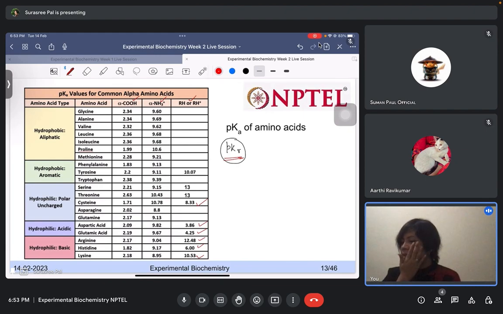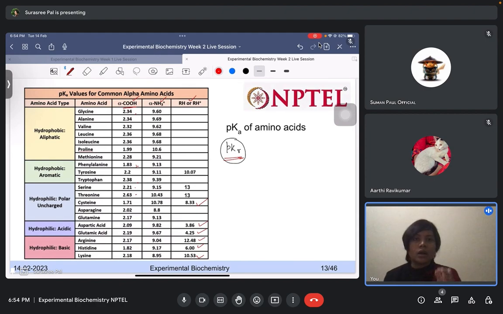And here if you look at this table, you can see that the pKa of this alpha carboxyl group usually ranges between 2 to 3, right? So approximately in the range of 1.8, 2.21, 2.63. So at pH greater than 3, they will all lose the proton, right?